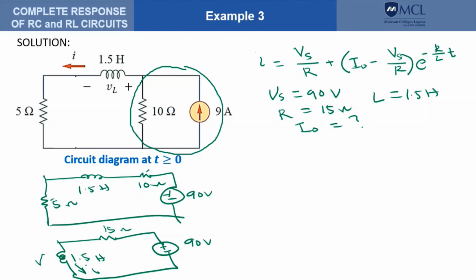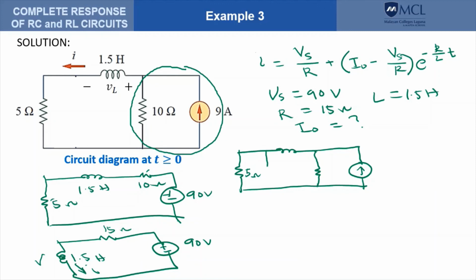So we go back to the circuit before the switch is open. So this is the circuit. So this is, I think, 5 ohms and the switch is closed. Okay, this is 10 ohms and this is 9 amperes.